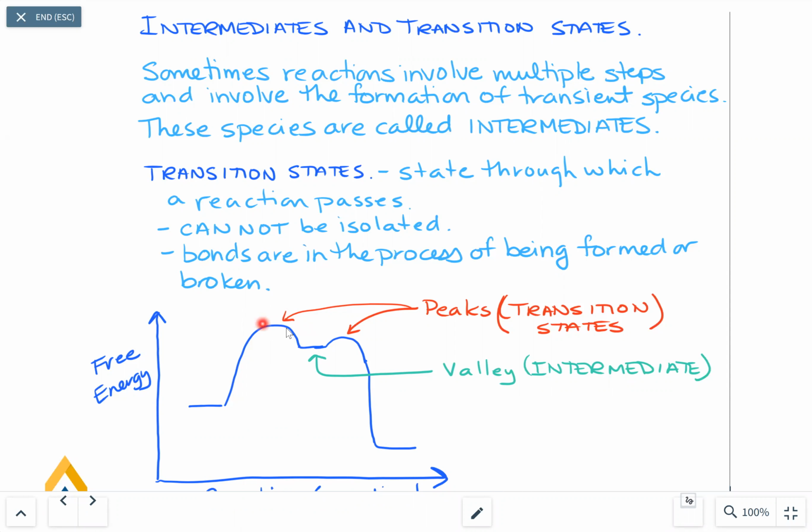So as laser technology has gotten better, deducing what's actually going on in these transition states has gotten far better. There's also computational methods which can be useful in predicting what a transition state would look like. And as computing power has increased, the modeling has become more and more accurate for these types of things.